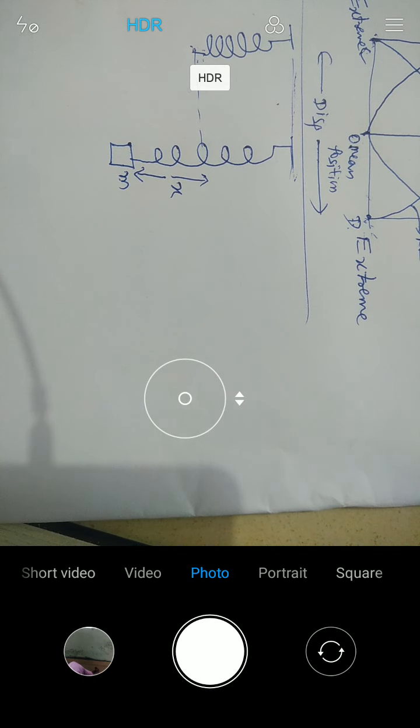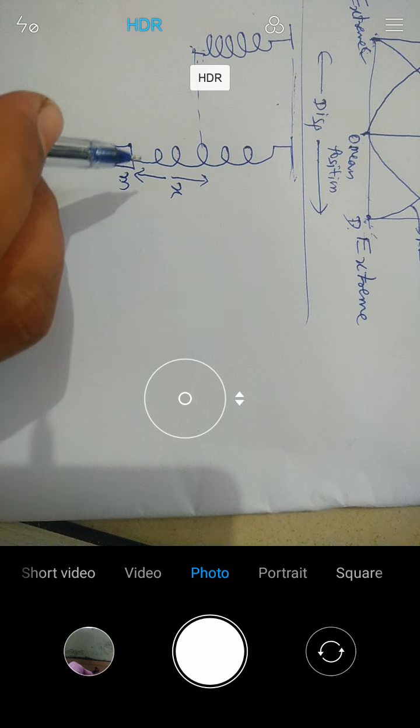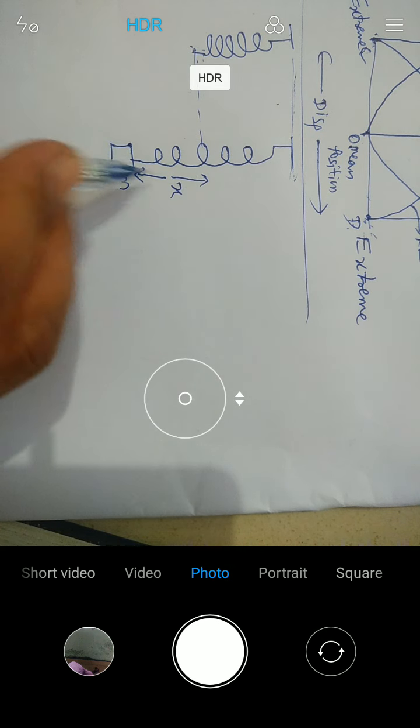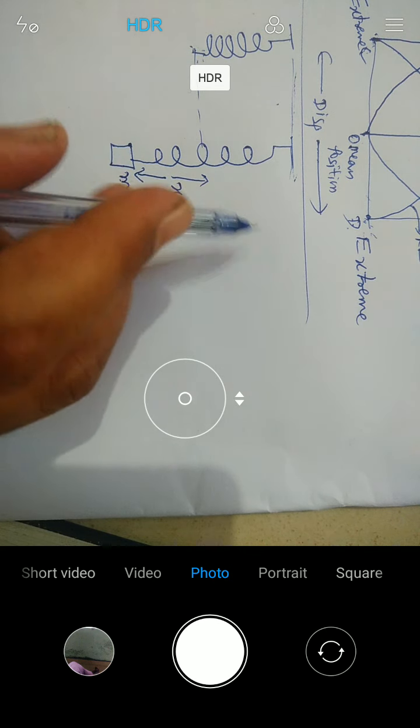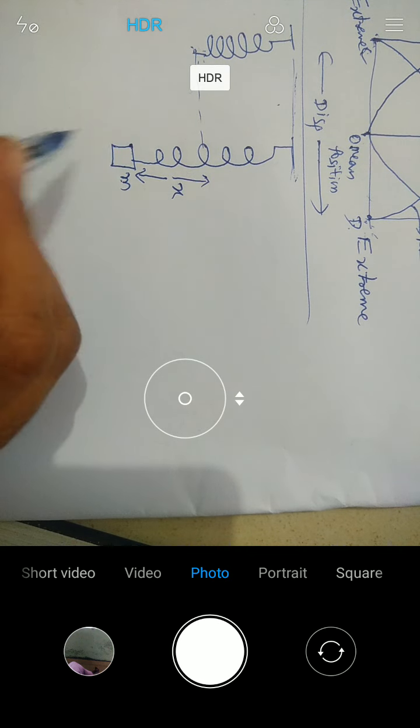When the object is released, it oscillates. That oscillation is known as simple harmonic oscillation.